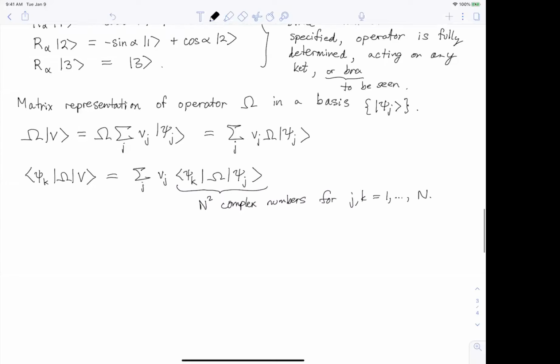Okay, and these are known as the matrix elements of my operator omega in this basis. And I can write that as omega subscript k subscript j.